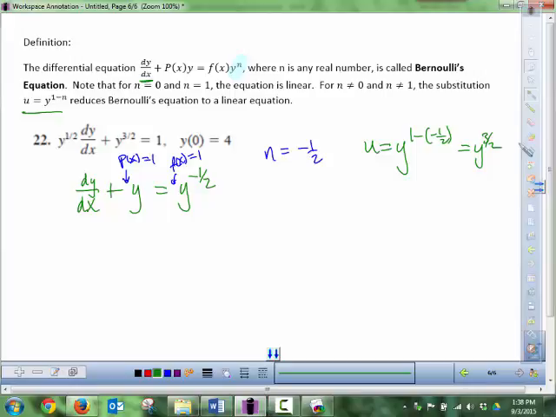Now, this particular substitution doesn't have a dx dy business, but we can think about splitting it up like that. But we can assume that u is a function of x. So we can replace this du dx is equal to the derivative. What's the derivative of y to the 3/2? 3/2 y to the 1/2 times dy.